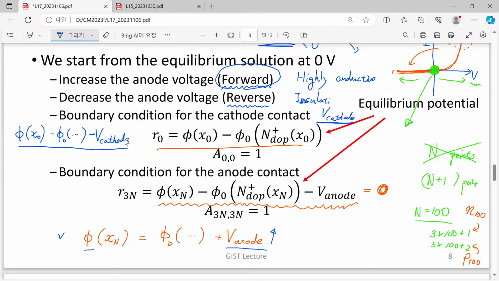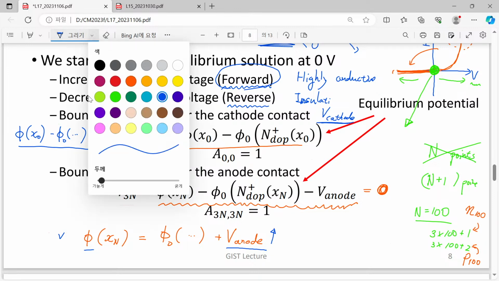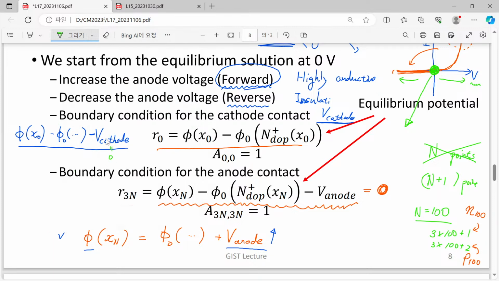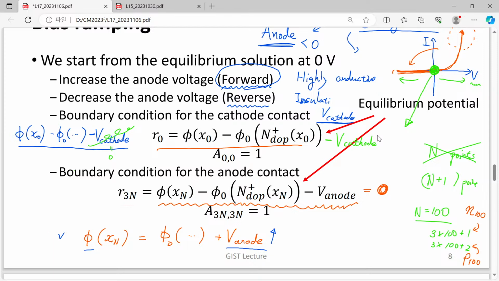Of course, in this slide, as I told you before, I assume that the cathode voltage is equal to 0. That's the reason why we don't have any term here. However, in reality, if we have a non-zero cathode voltage, then we must have V cathode here. That will be the more general expression for our boundary condition. And of course, this boundary condition should also be considered in our Jacobian matrix.